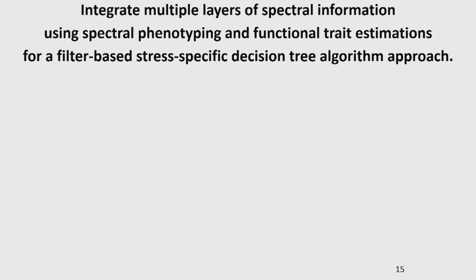If we want to integrate these multiple layers of spectral information, we can feed them into decision tree algorithm approaches to get a better idea of whether we can classify plant stress using spectral data by itself, meaning we don't have to go into a stand and make those measurements.